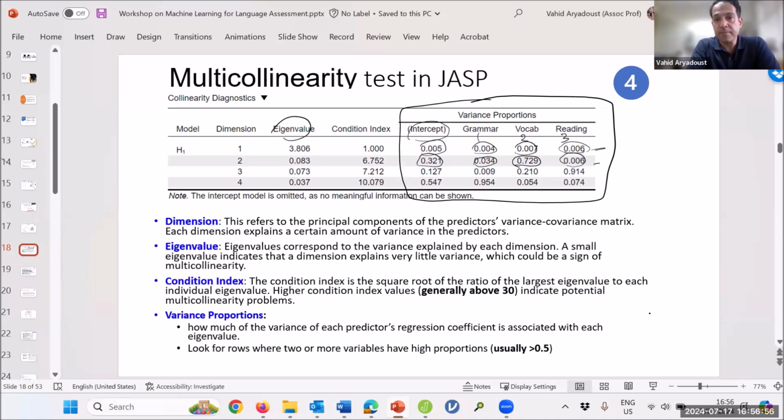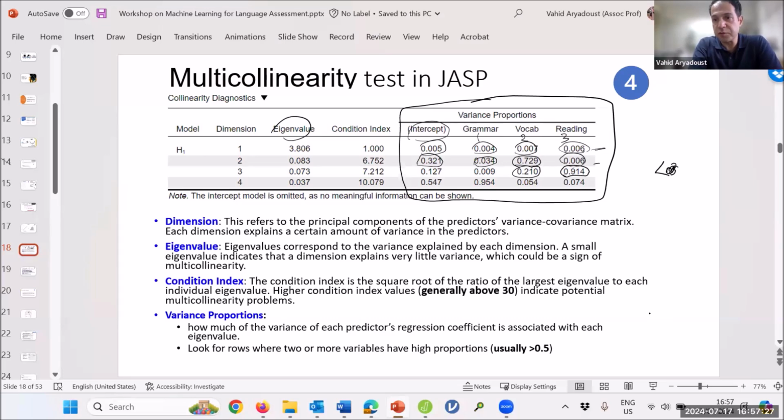And in the same way, if you look at the third row, the reading coefficient's variance proportion is pretty large. This one is still negligible because it's smaller than 0.3.